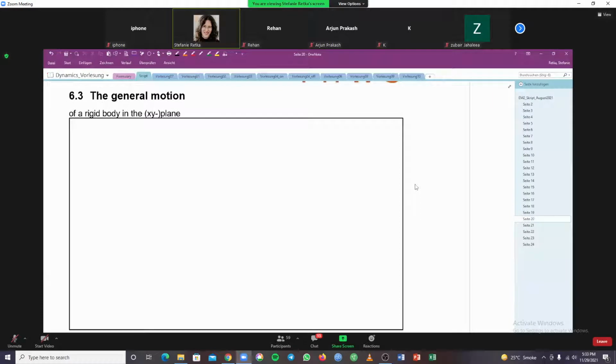So if we move one page further, we have chapter 6.3, general motion. And what I will state here is very similar to what we just stated for the case of rotation about an axis D. Again, we use the same approach as for the kinematics of a rigid body, superposition of translation and rotation.